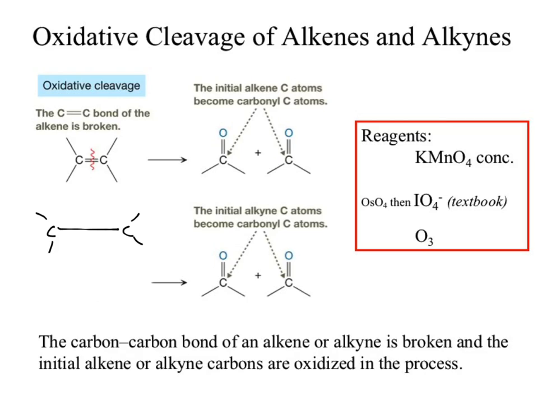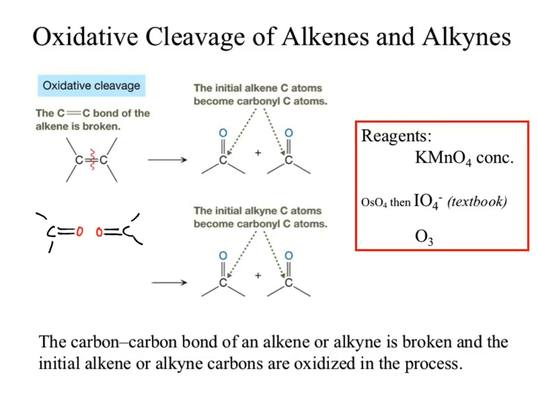Now I'm going to stretch that double bond out, make it really long, because now what I'm going to do is erase it and replace those with oxygens. Now what do I draw? The product. So you can do this for all of your oxidative cleavage.